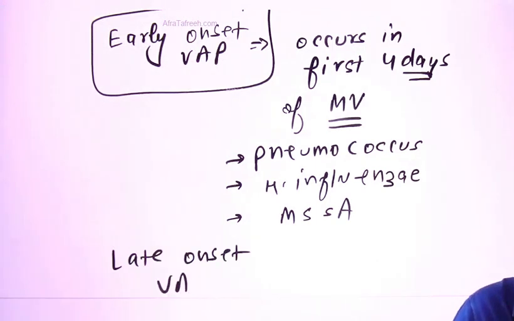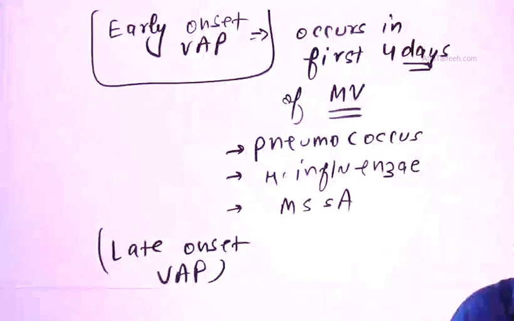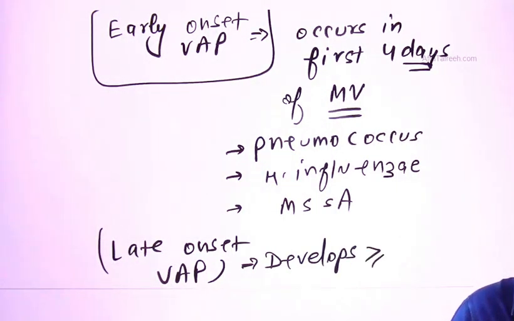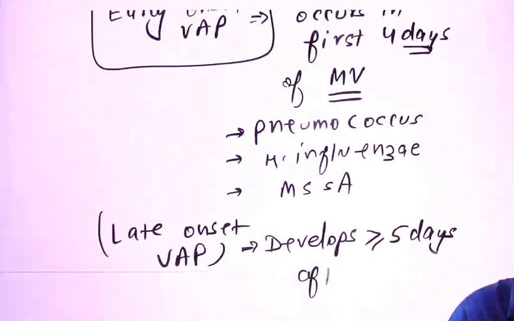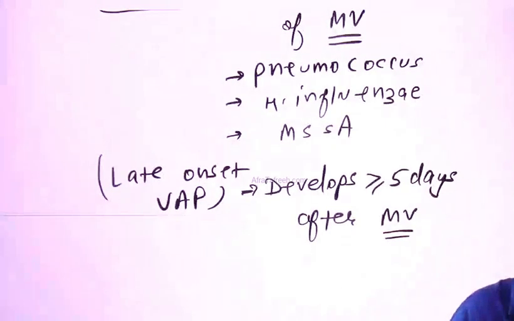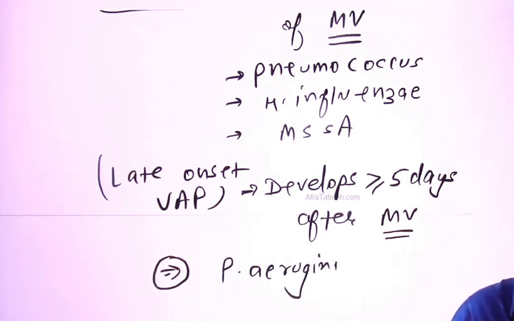And then there is an entity termed as late onset VAP. Late onset VAP develops 5 or more days after the mechanical ventilation starts, and mostly the drug resistant ones are involved, like Pseudomonas aeruginosa. Now who will come for the meeting?